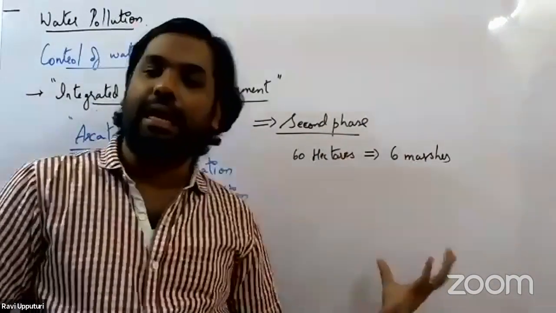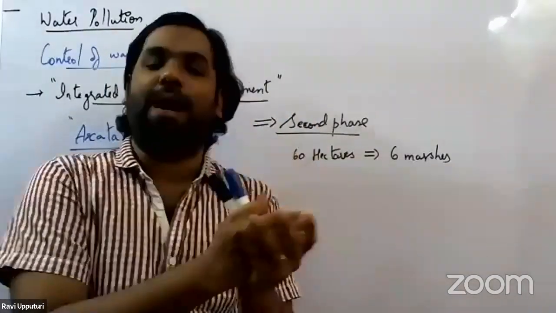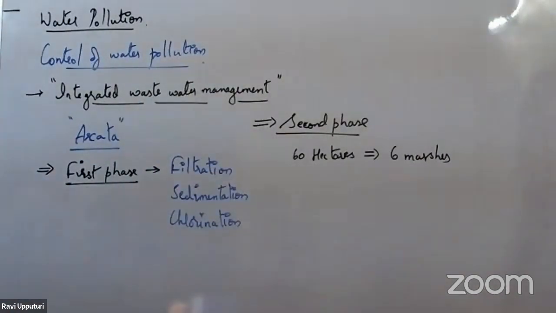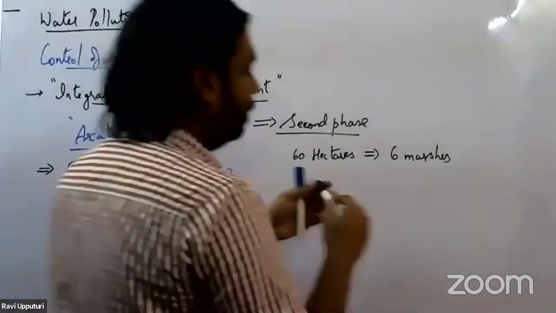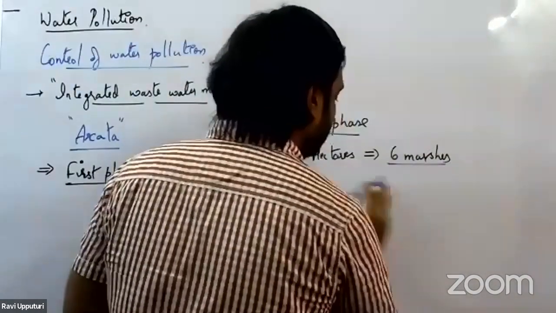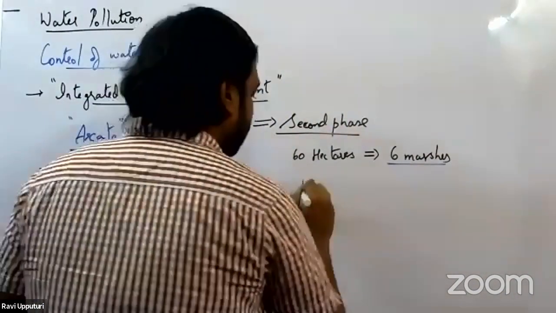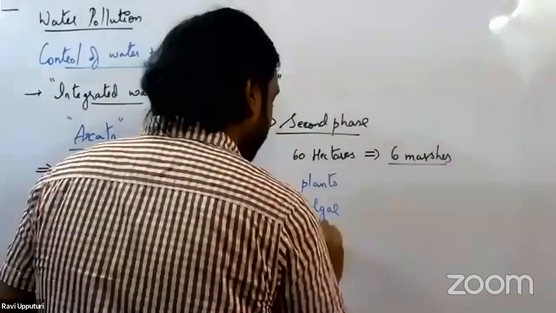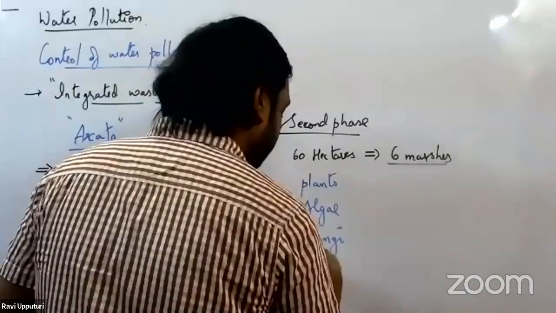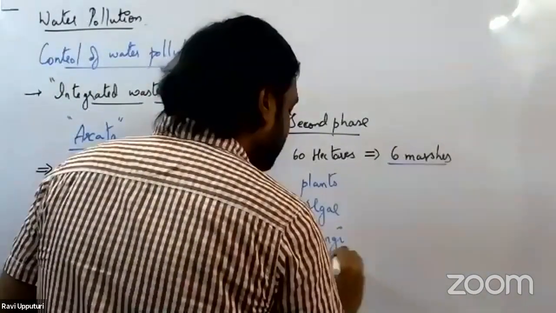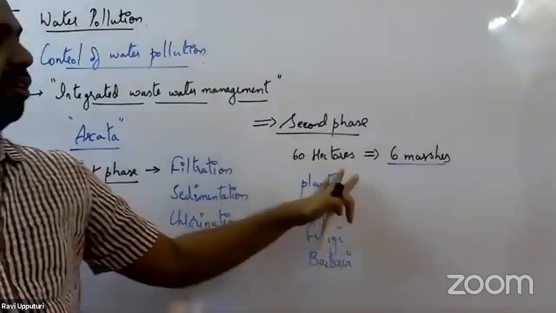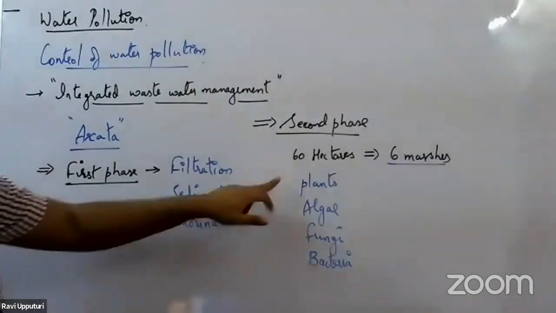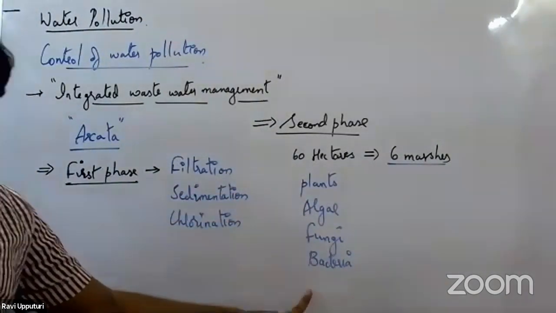In all of these six marshes, they started growing appropriate plants, algae, fungi, and bacteria.